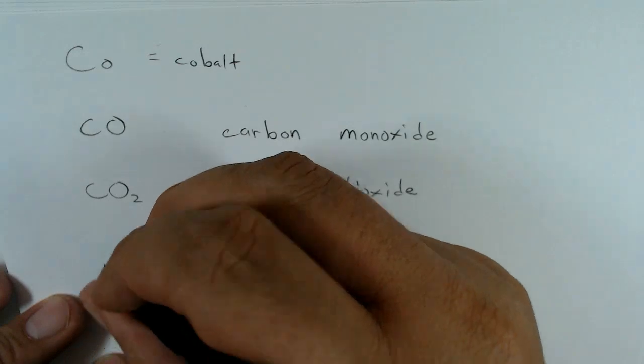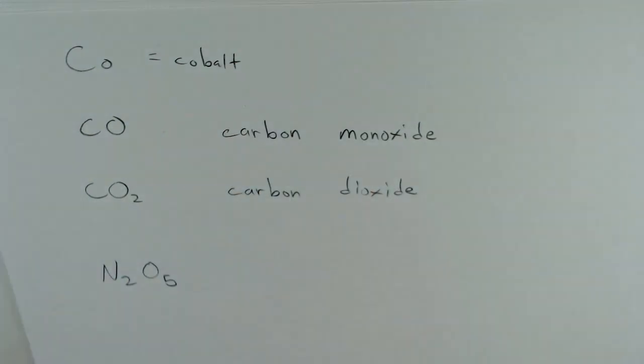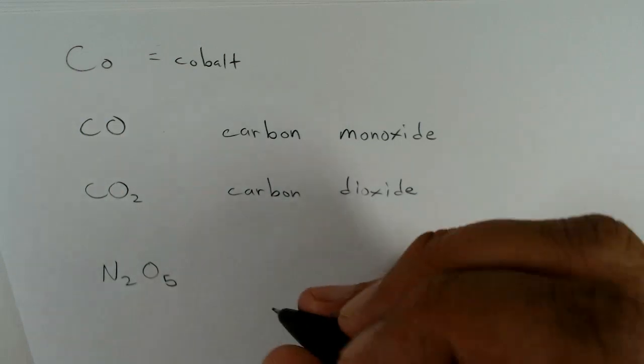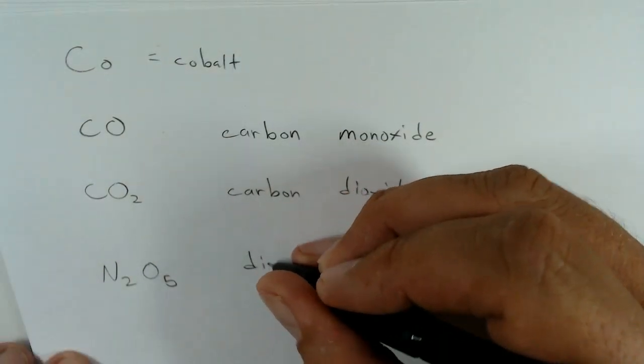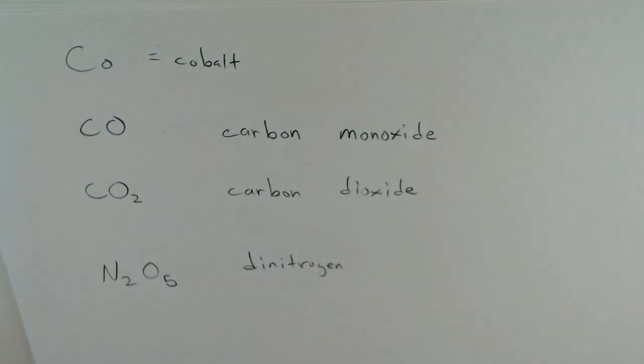So what about N2O5? This time we have more than one, so we have to include a prefix on here. So yep, dinitrogen, and is it pentaoxide or pentoxide?